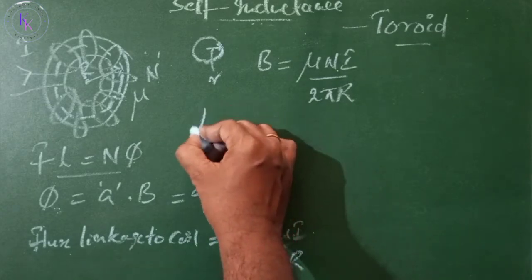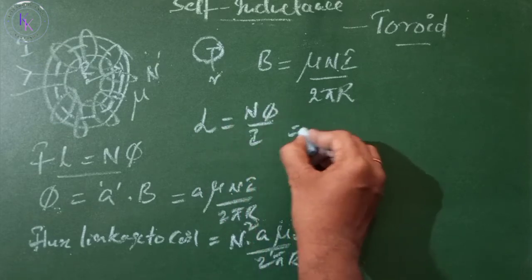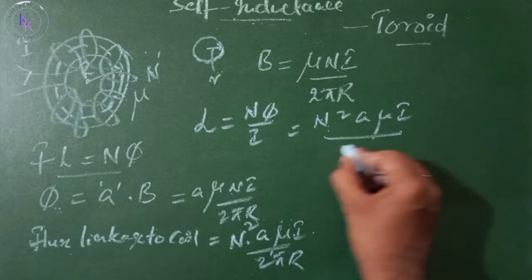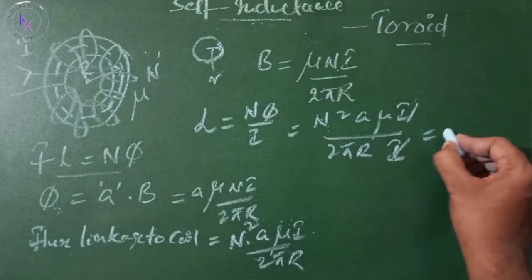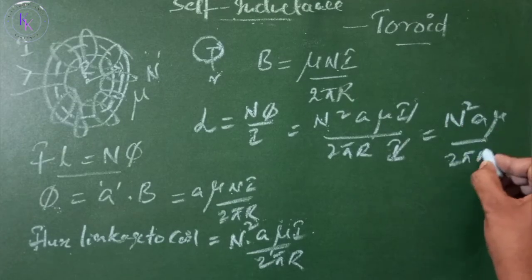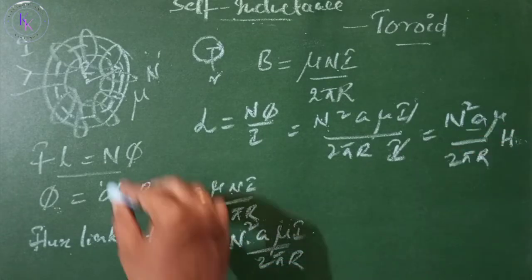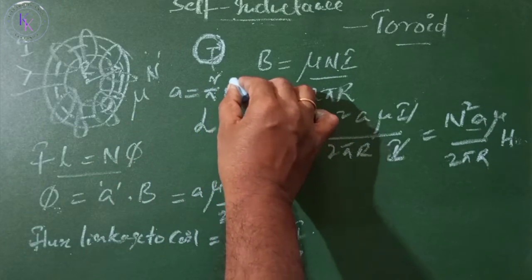The self-inductance from the definition is L equals N phi by I, so N square A mu I divided by 2 pi r multiplied by I, and I gets cancelled. Then L is N square A mu divided by 2 pi r in henries, where A is the area. In this circle, A equals pi r square.